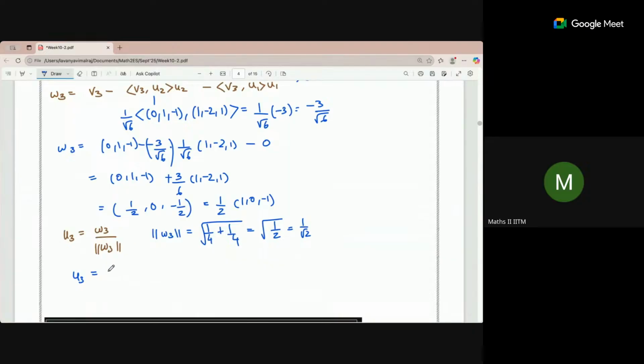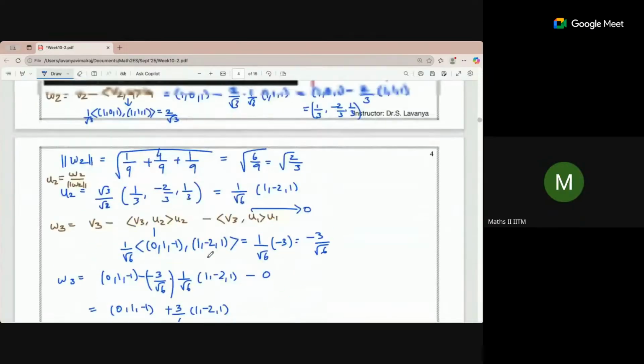So what's your U3? It is 1 by root 2, right? Because you have another 1 by root 2 here, so it comes to the numerator. So you will have 1 by root 2 and then 1, 0, minus 1. Is that correct?